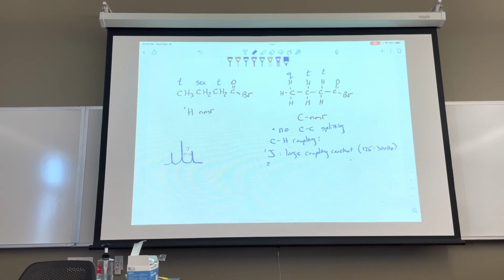Even if the neighbor carbon isn't a C-13? Yeah, because the protons are still H1. So the protons are still NMR active nuclei. So this 2J coupling is going to have much smaller coupling constants.